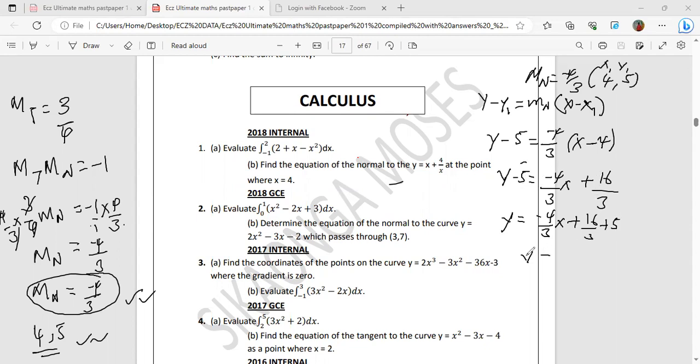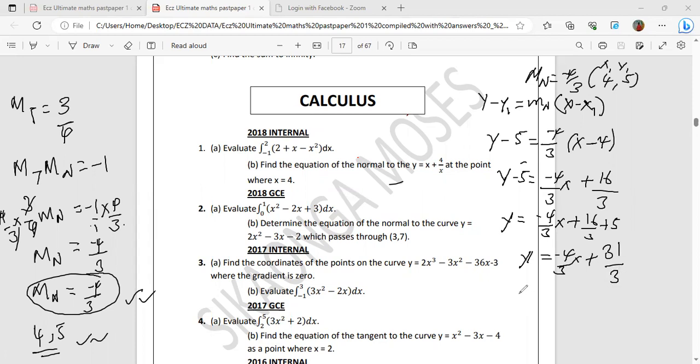Then this will be equal to -4/3x plus, so we can add 16/3 plus 5. So we simply get 31/3.